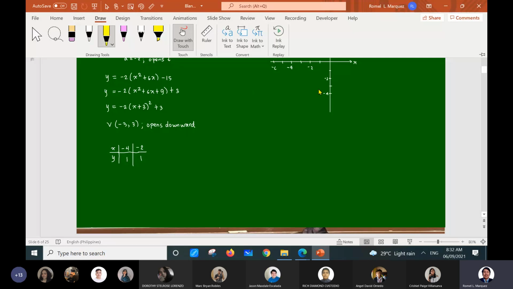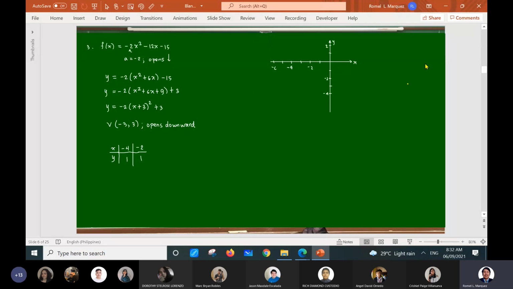Vertex -3, 3. Oh, I think I need to move this down more. I need 3. I need to move this down. Everything here.